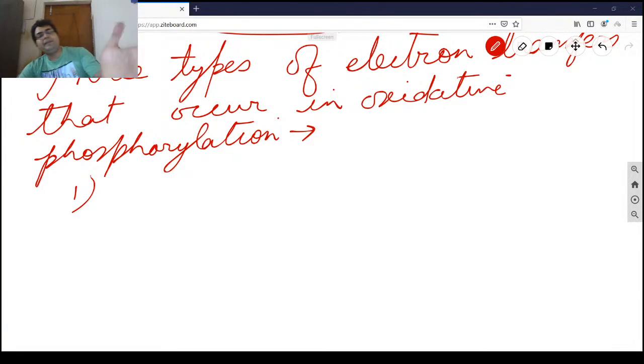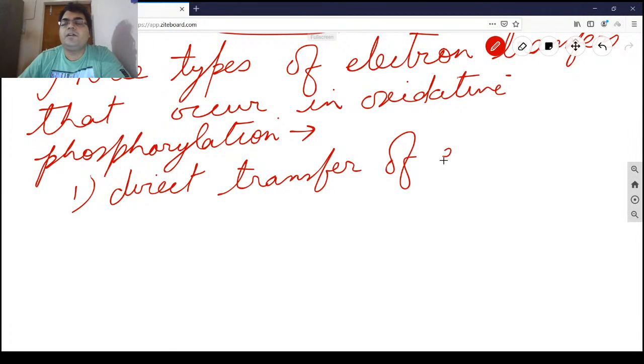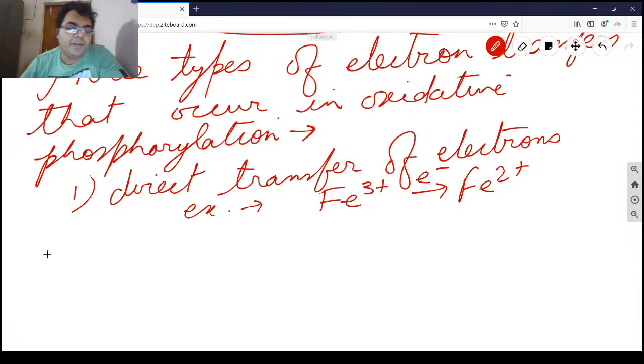Like one example is if you reduce Fe3+ to Fe2+, that is known as direct transfer of electrons. I'll give you an example: when we reduce Fe3+ to Fe2+ by transferring an electron.